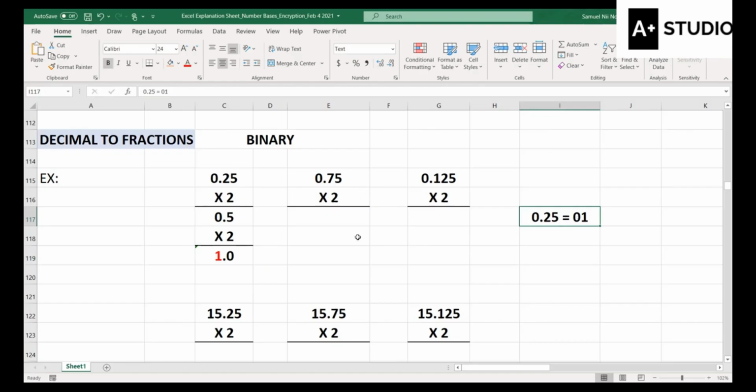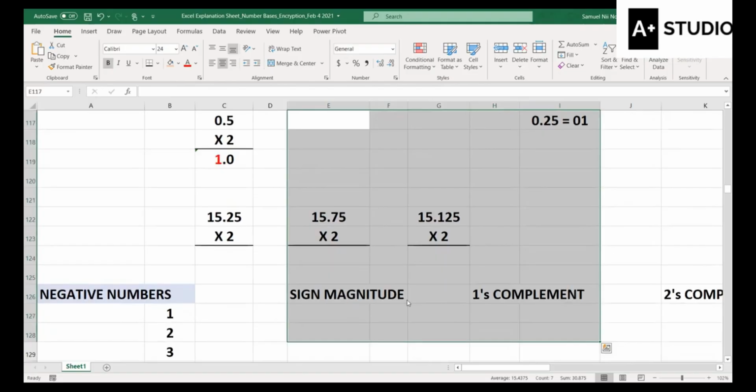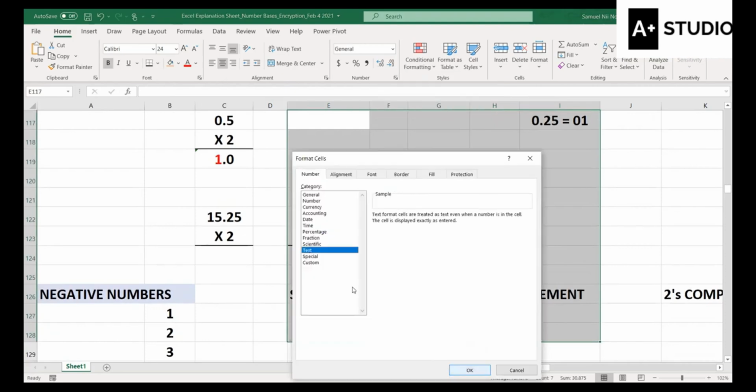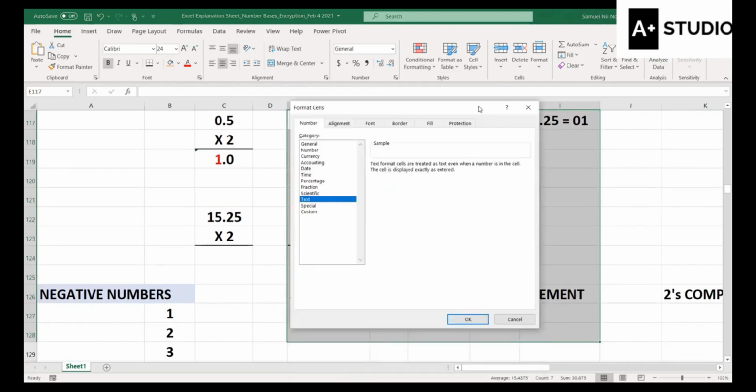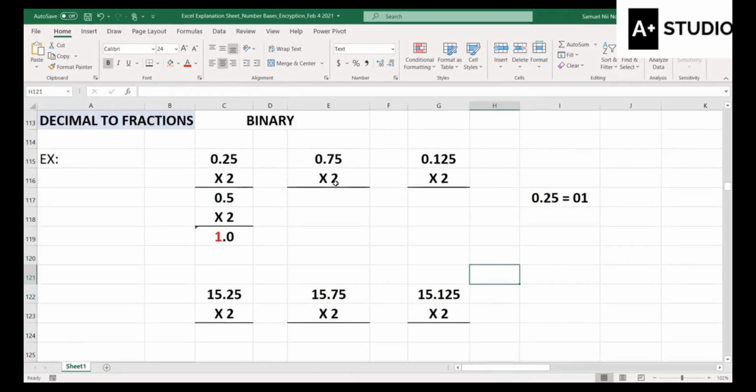Okay, now let's try this one too. 2 times 5 is 10, 2 times 7 is 14, plus 1 is 15. So this will give you 1.50 when you do this. Okay, so 1.50, we will pick this one.